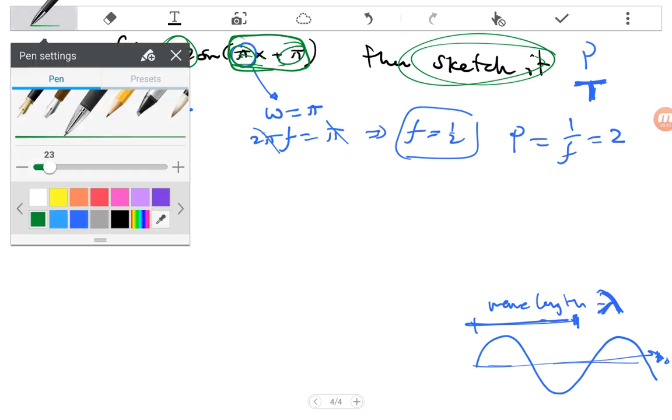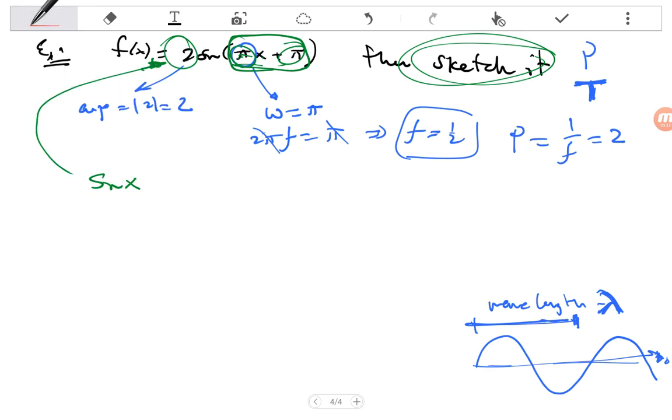How? First, if you have a phase shift like this, just make a simplification. So 2 sine of pi x plus pi. Can we make a simplification for this expression?